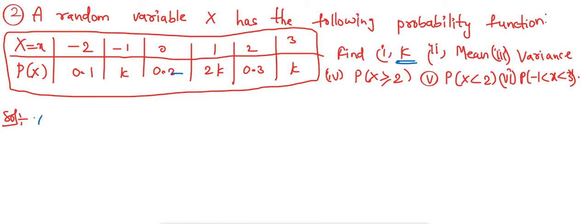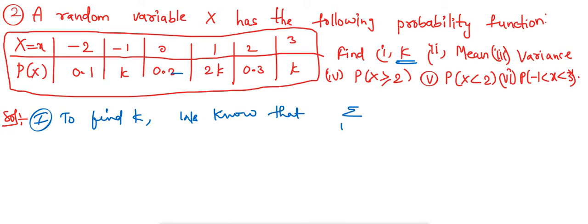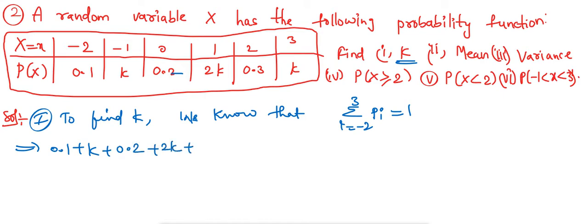First, we have to find k. To find k, we know the relation that the summation of all the respective probabilities is equal to 1, denoted by summation pi for i equal to minus 2 to 3 is equal to 1. From this we add all the probability values: 0.1 plus k plus 0.2 plus 2k plus 0.3 plus k equal to 1.